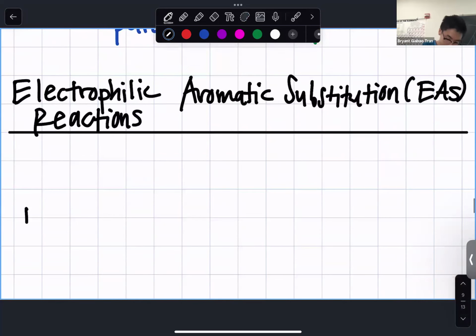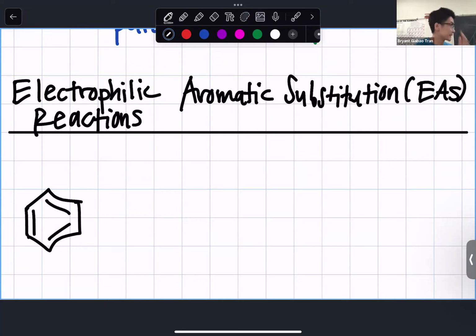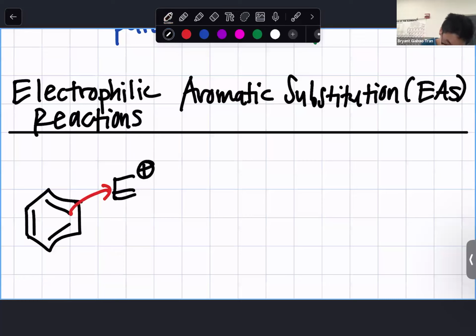Start with a simple example, where most of the reactions that you're about to learn in chapter 16 follow this exact same mechanism, but with different reagents, different nucleophiles, different electrophiles, right? And let's say we have an electrophile nearby. The carbons of the benzene ring are nucleophilic because they have a lot of electrons in their bonds, right? Let's say one of the carbons of the benzene attacks that electrophile.